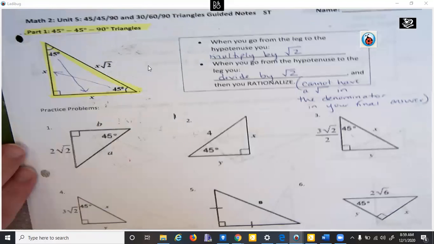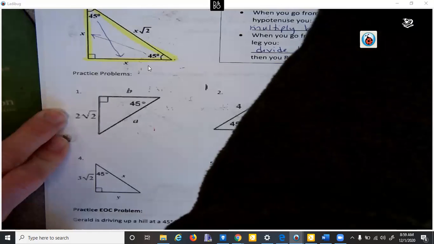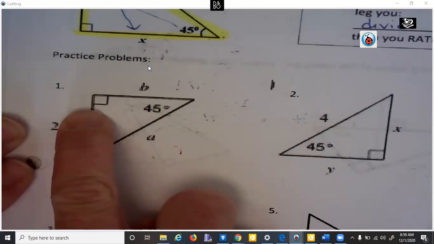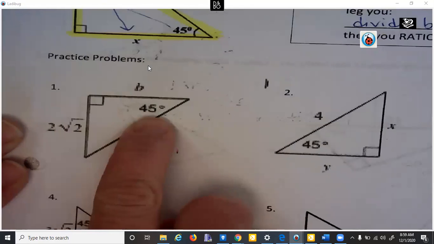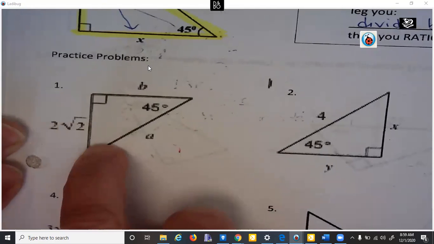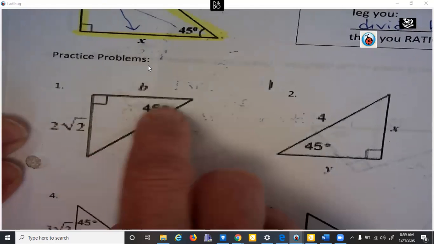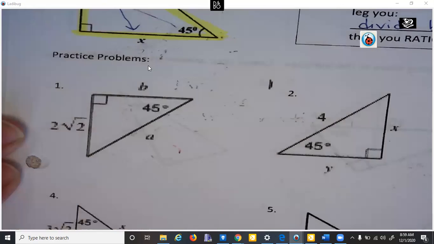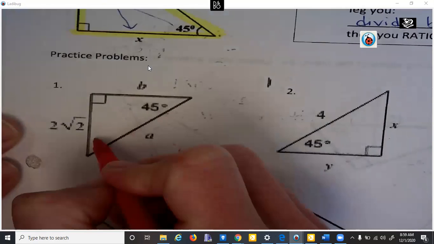Okay, so let's look at example number 1. I have a right angle and I have a 45 degree angle. I automatically know that this one's 45 degrees. What do all 3 angles in a triangle add up to? 180. So this one has to be 45.